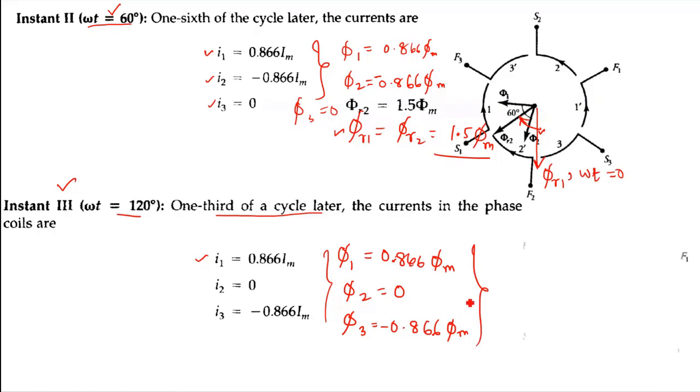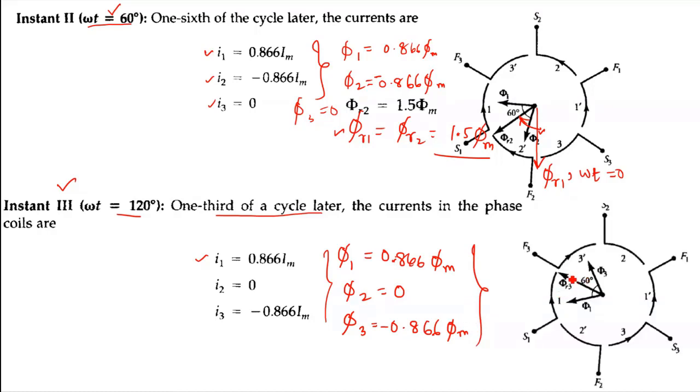Now if we plot this flux and again find the resultant flux at instant 3, that is phi r3, we will find it is again 1.5 phi m, whereas it will have rotated by an angle of 60 degrees. That means it will make an angle of another 120 degrees with respect to the original position. This is your phi r1. Now phi r3 is making an angle of 120 degrees with respect to phi r1, right?